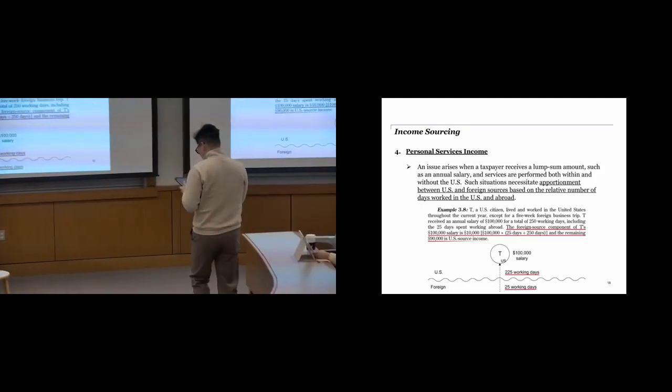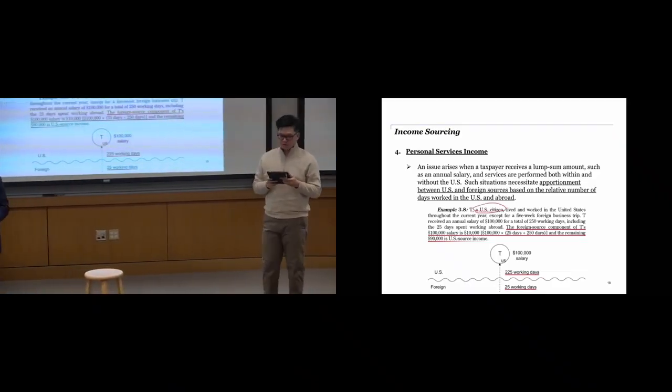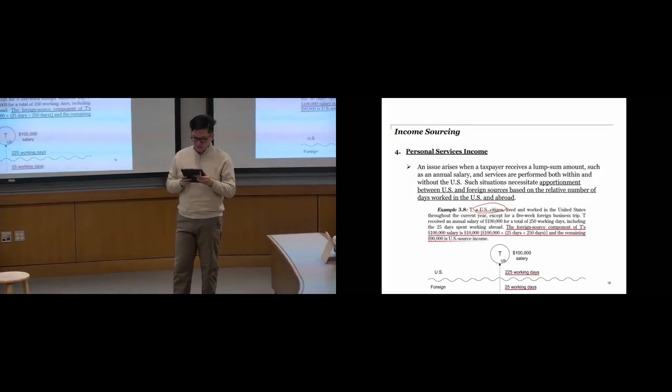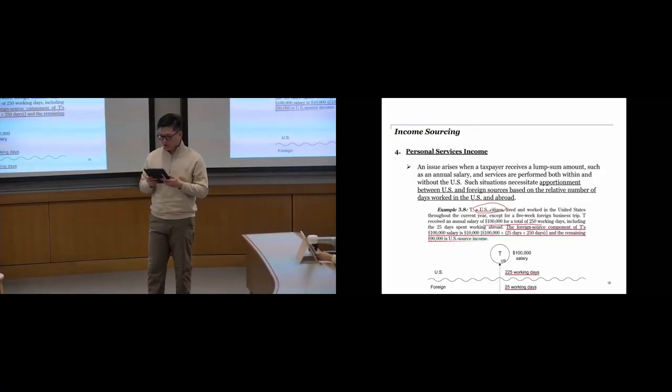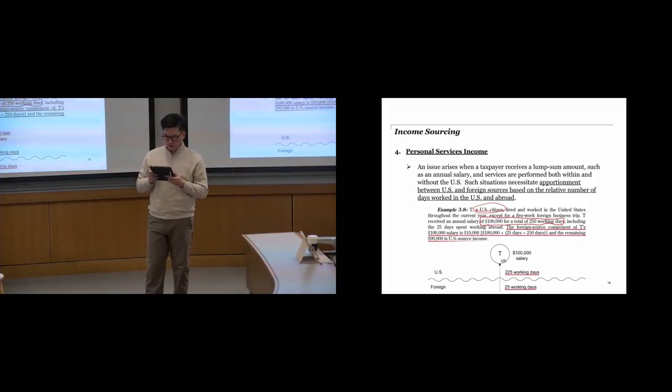So in this system, a U.S. citizen receives a $100,000 annual salary for 150 working days, of which 25 days are spent working abroad. And because the compensation is lump sum and services are performed both within and outside the United States, the income requires the apportionment between the U.S. and foreign sources based on the related numbers of days working in the U.S.